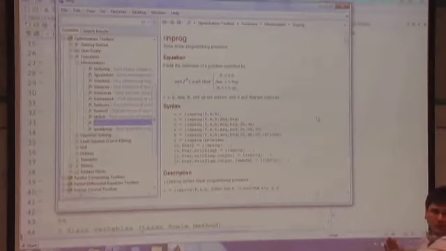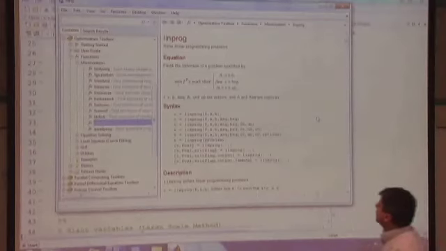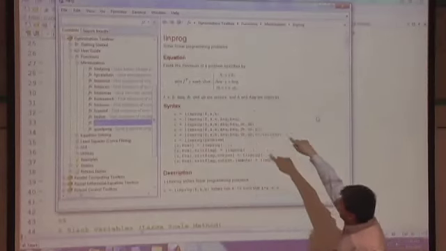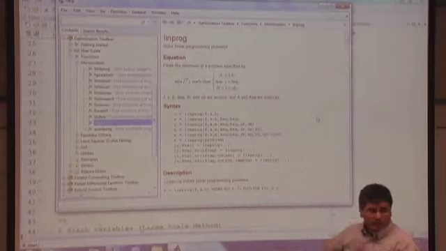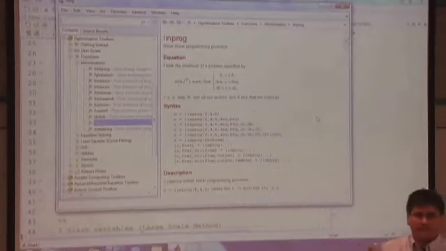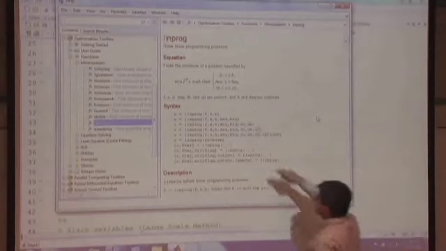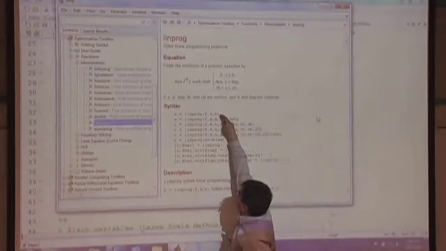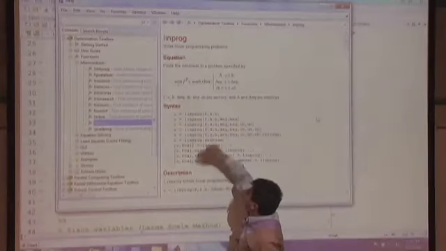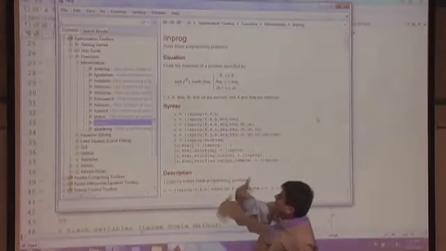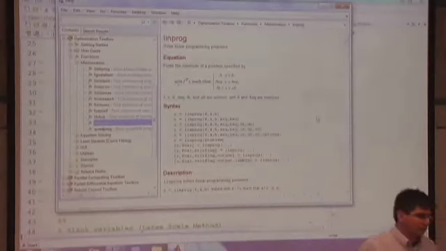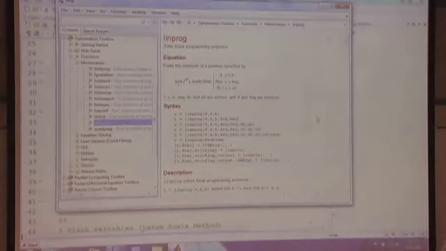So f transpose is a row times the column of the x's, subject to, you can have inequality constraints, you can have equality constraints, and you can have bounds for x. Okay? So look at the syntax. So the first one is just the simple syntax where you have f, A, and b. So you have to specify f, the matrix coefficients, and the right-hand side of the constraints. Okay. So that's what we do here.